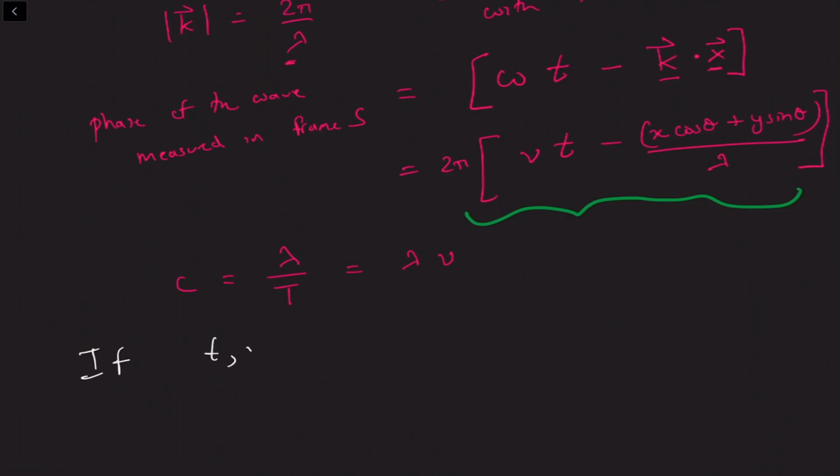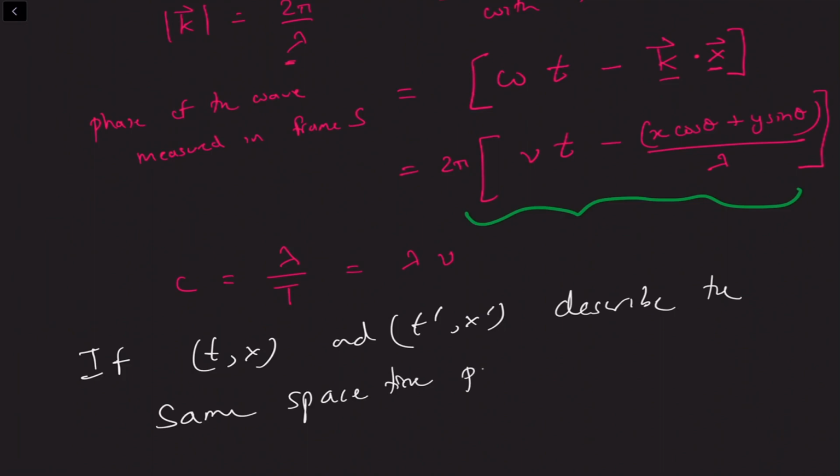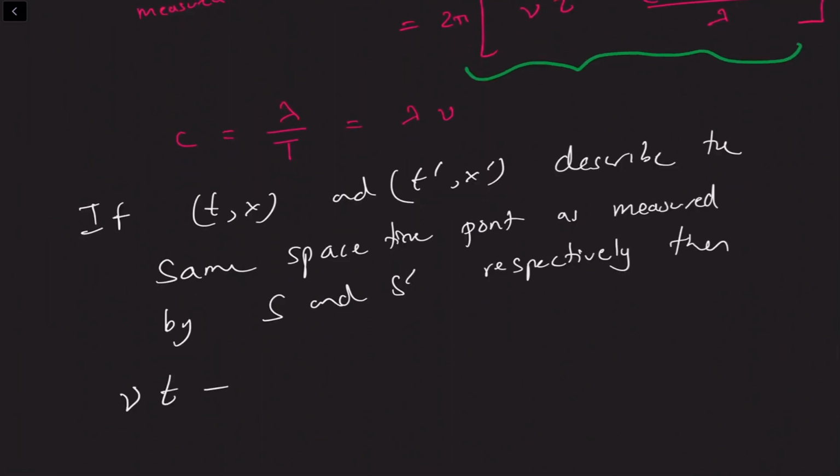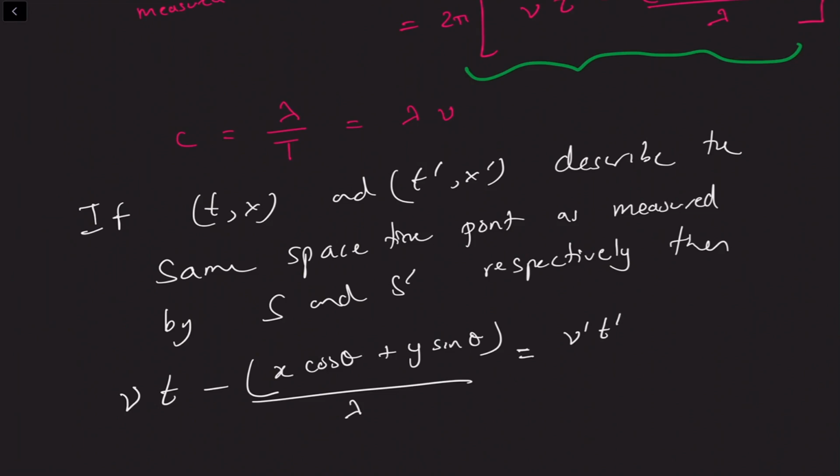So what that means is, if t, x and t prime, x prime describe the same space-time point as measured or as described by S and S prime respectively, then it should be true that the phases, nu times t minus x cosine theta plus y sine theta over lambda, should be equal to nu prime times t prime minus x prime cosine theta prime plus y prime sine theta prime over lambda prime.